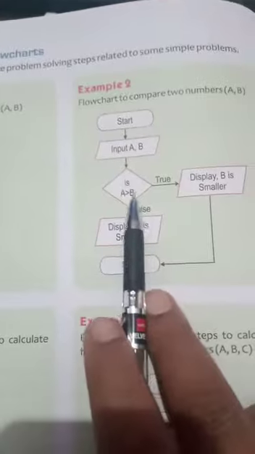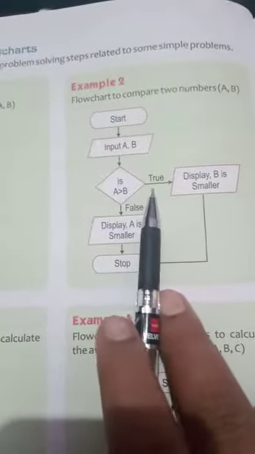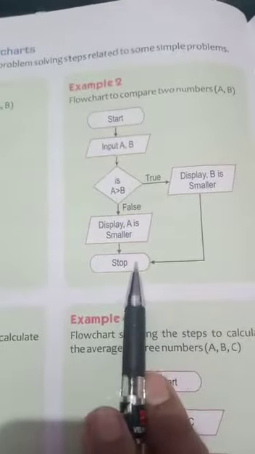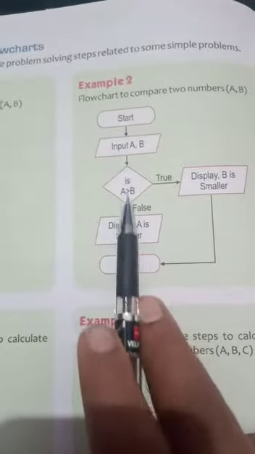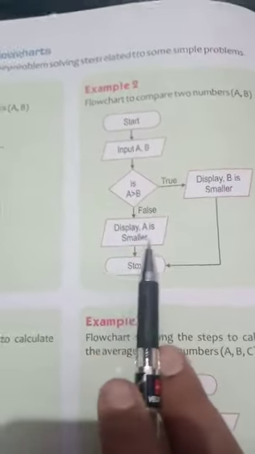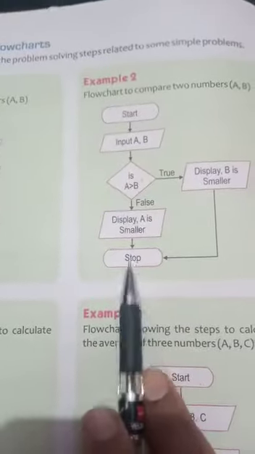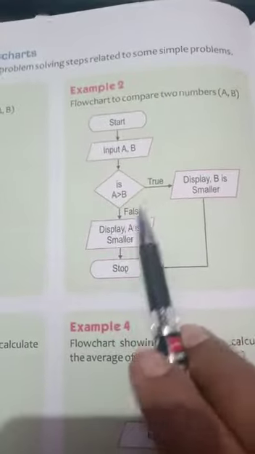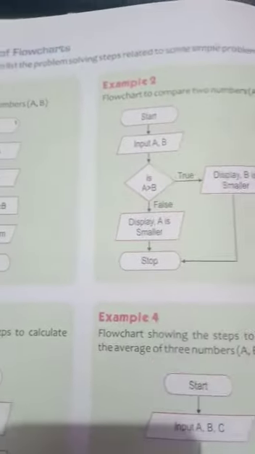So if the condition is true, the decision box moves to the right-hand side, displays the values and stops, and if the condition is false, the decision box moves to the downside, displays the output and stops. This is the decision box where there are two ways, if the condition is true or if the condition is false.